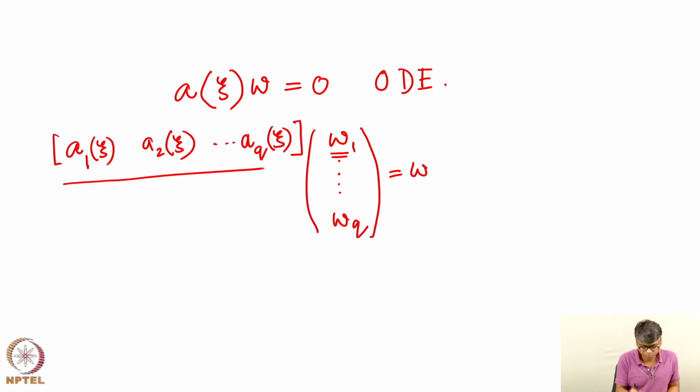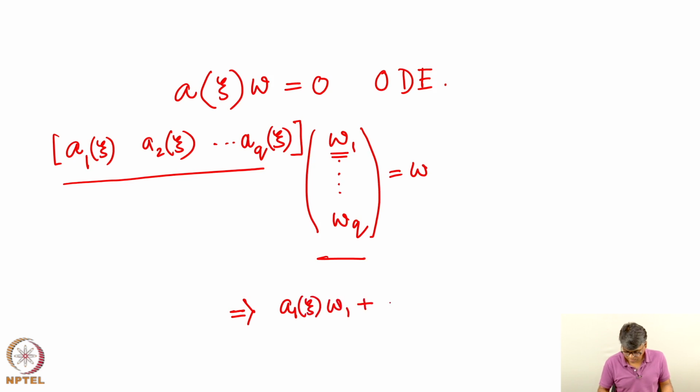So, a row vector of polynomial differential operators can act on a column vector of trajectories to produce a1(ξ)w1 plus dot dot dot aq(ξ)wq, and that equal to 0 can be one equation.